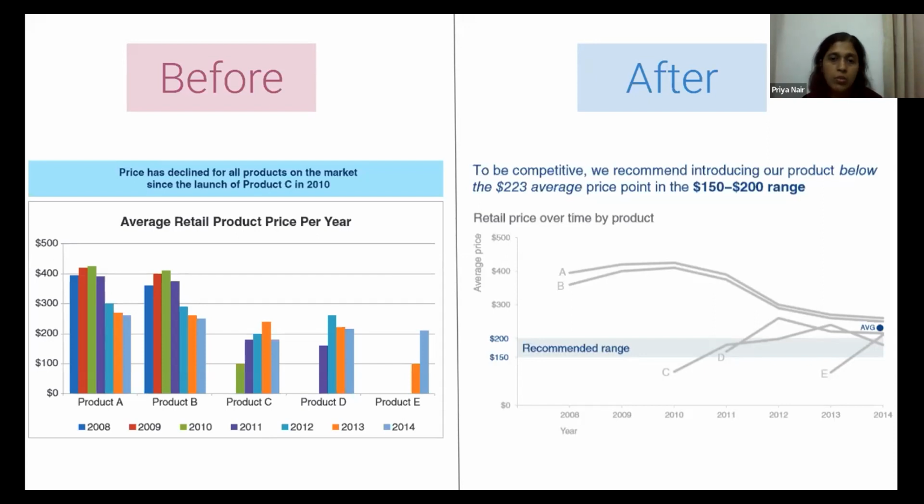So let us look at how the declutter has been working. The line graphs, if you see, are made of similar colors because there's no other purpose that these product trends are going to serve, because we are not comparing anything, or your audience doesn't want to know what happens with the competitors' products.